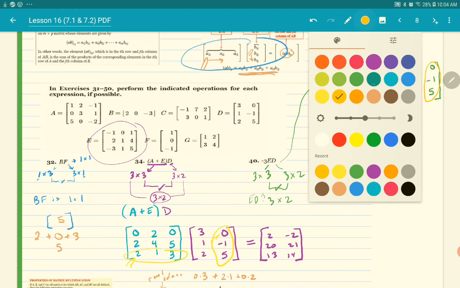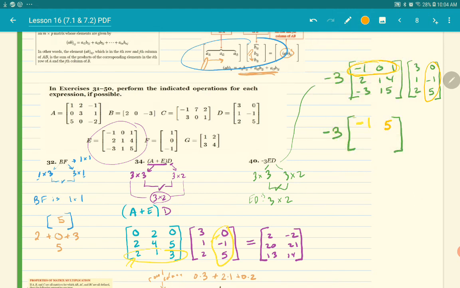And then I have my fingers now on row 2, column 1, and I do 2 times 3, 6, plus 1 times 1, which is 1, plus 4 times 2, which is 8.